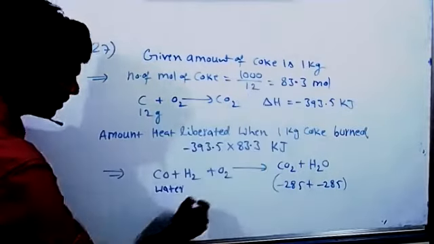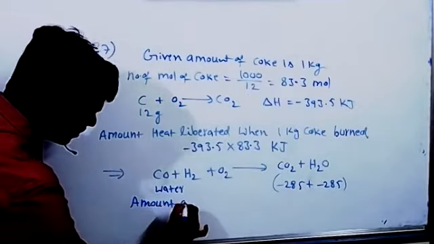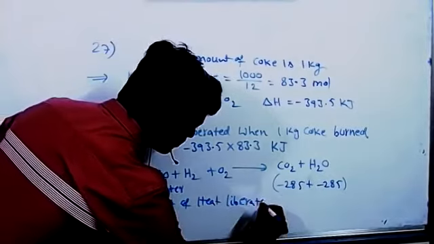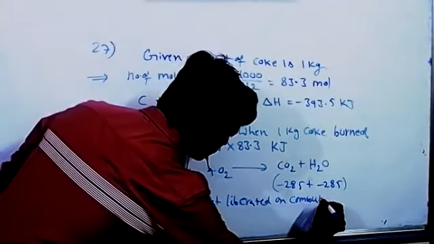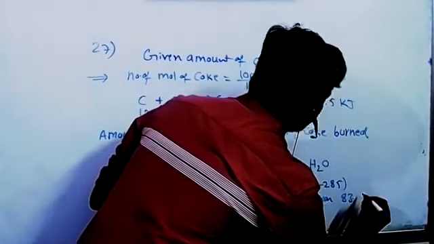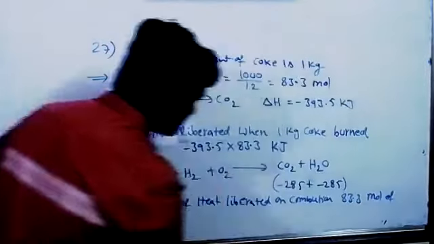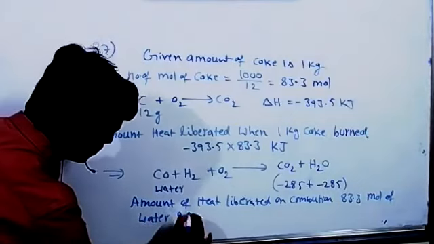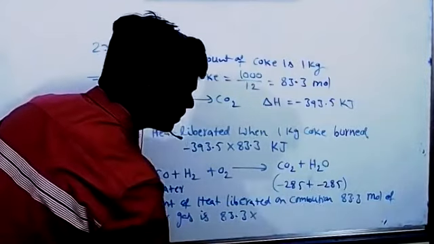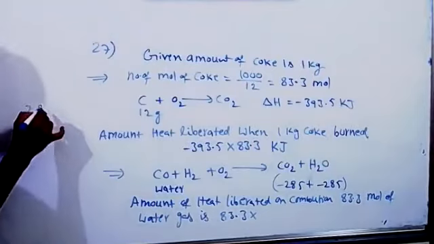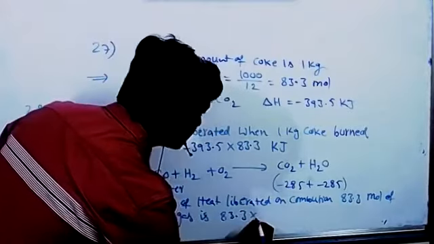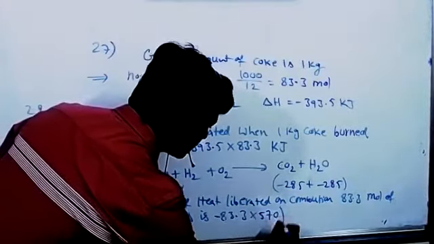The amount of heat liberated on combustion of 83.3 moles of water gas is 83.3 into 285 plus 285, that is 570, with the minus sign maintained. So this much heat is liberated.